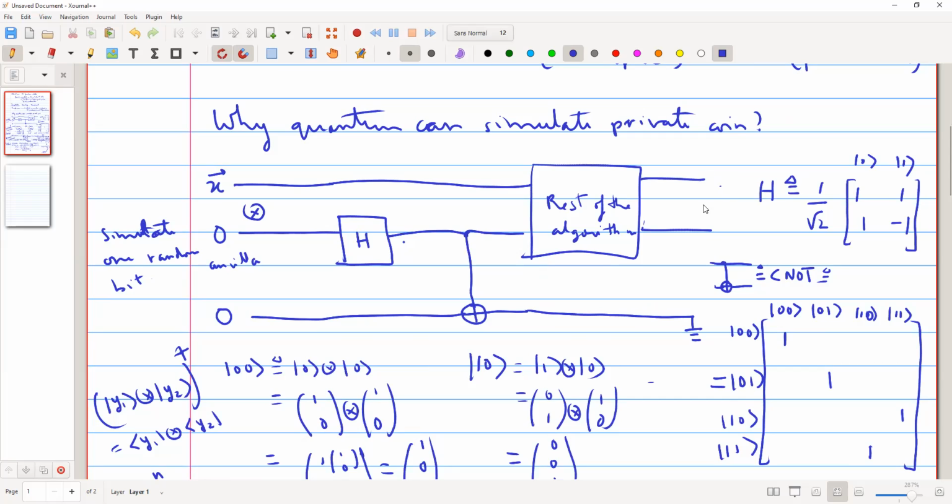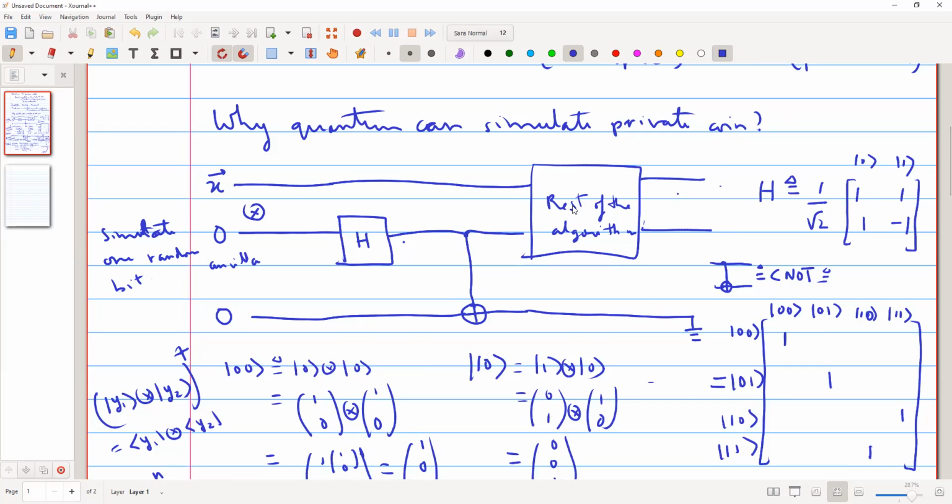Now, if you want to read out the answer, the rest of the algorithm does the computation, and you have to measure the so-called answer bits. What I should emphasize is that if you're trying to simulate classical into quantum, then the rest of the algorithm is classical.